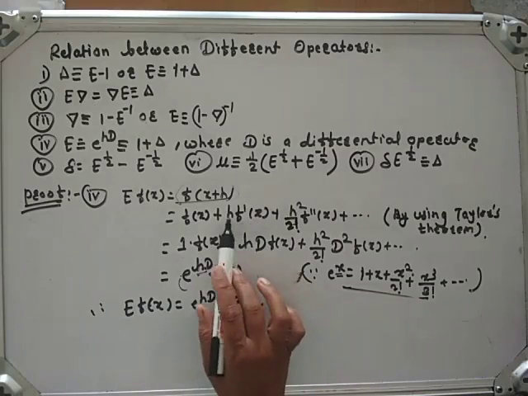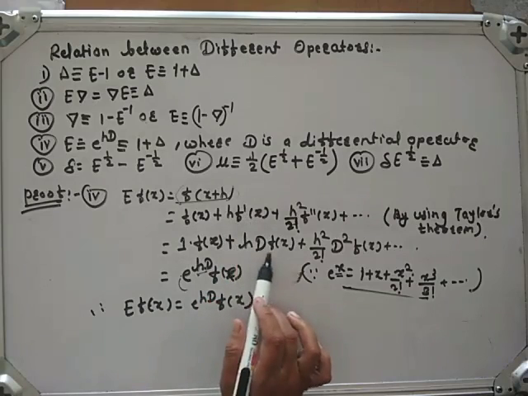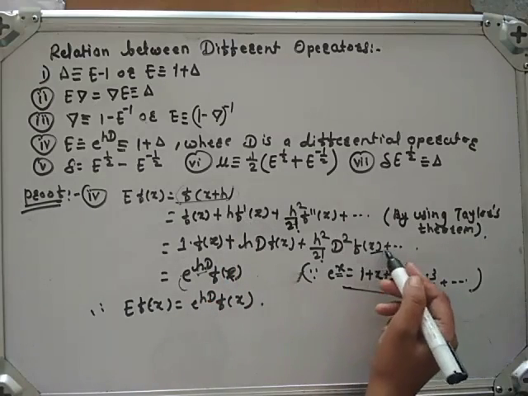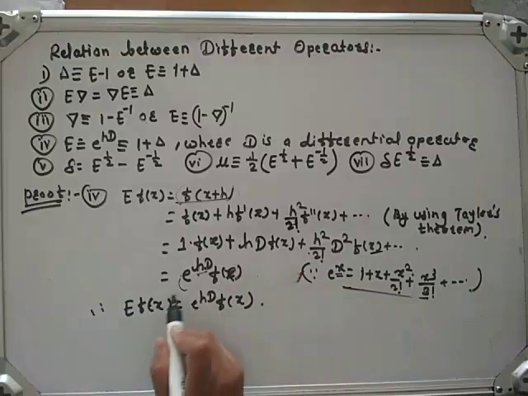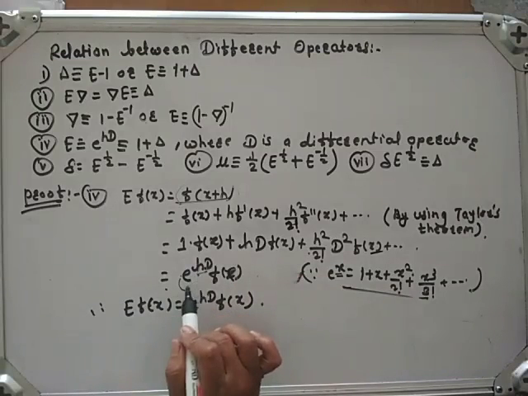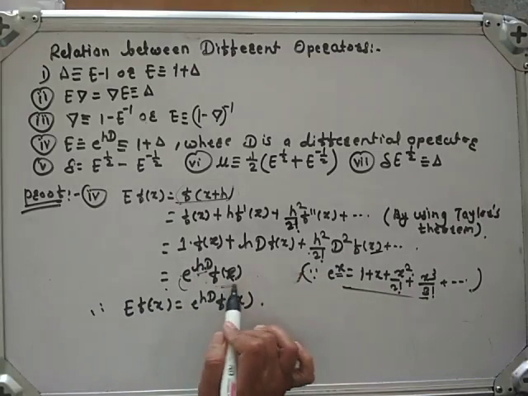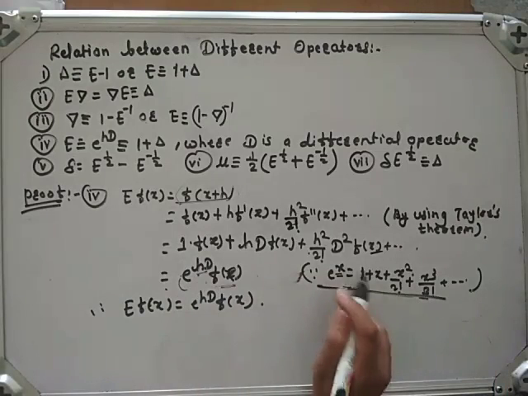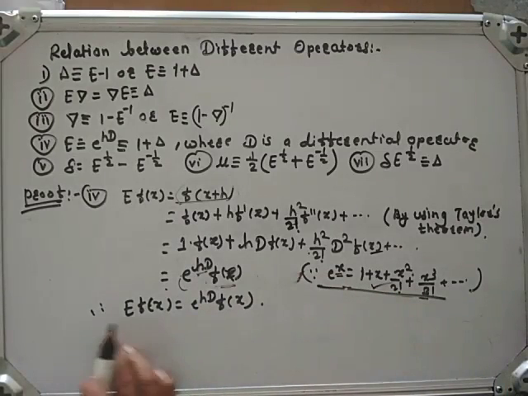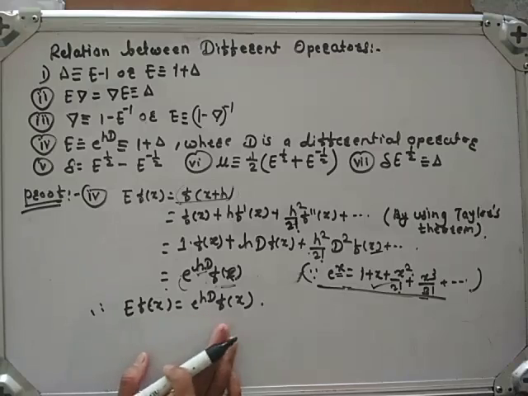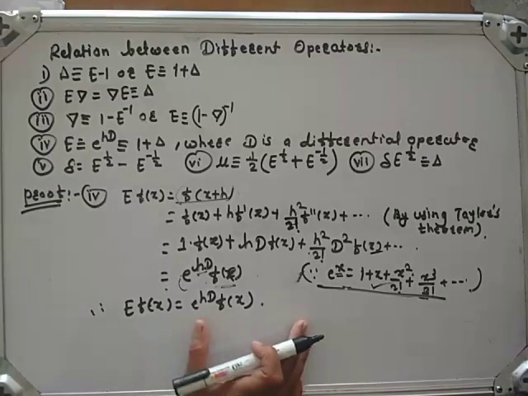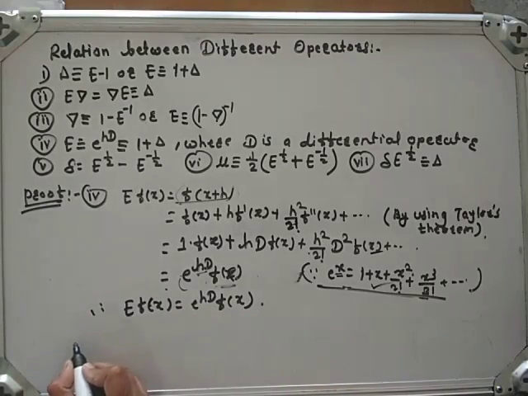Here dy/dx is replaced by capital D, and so on, which is equal to e raised to hD f of x, since e raised to x is equal to this. Therefore E of f of x is equal to e raised to hD into f of x.